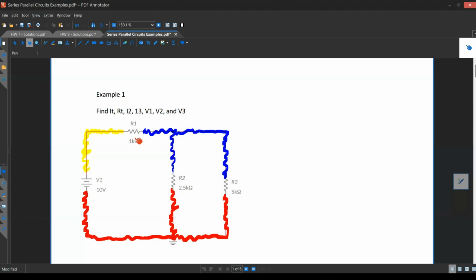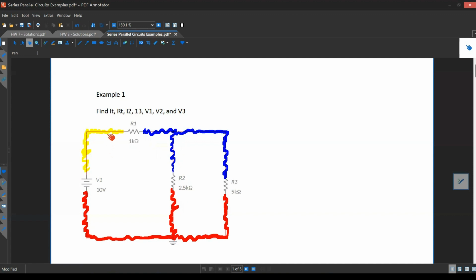So we don't have any series resistors. Well, what about parallel? Remember, parallel resistors share the same two nodes. If we compare R2 to R1, we can tell these two are not in parallel, because they don't share the same two nodes. R2 is connected to the blue node and the red node.